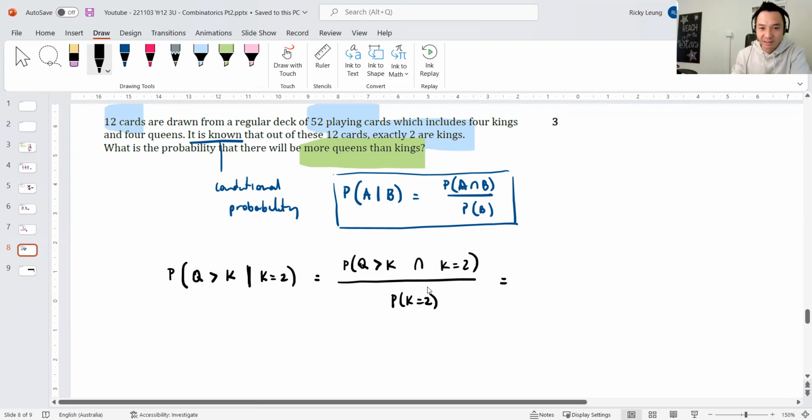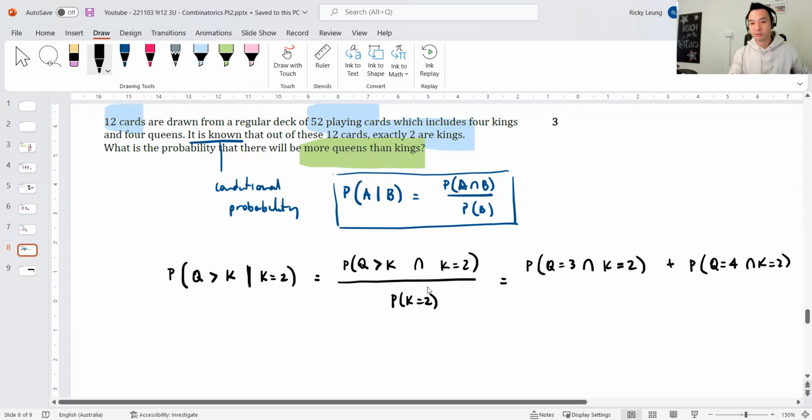And if you translate, if the queens are bigger than kings and the kings are 2, what that's really saying is the probability that the number of queens equals 3, given that kings equals 2 already, plus the probability that queens is 4, knowing that I got 2 kings, right?